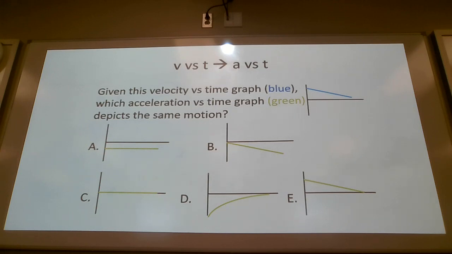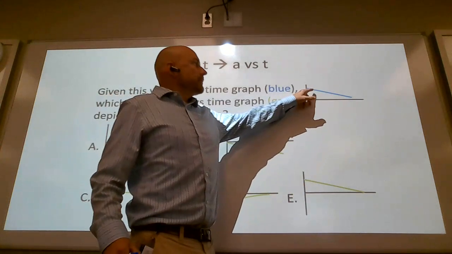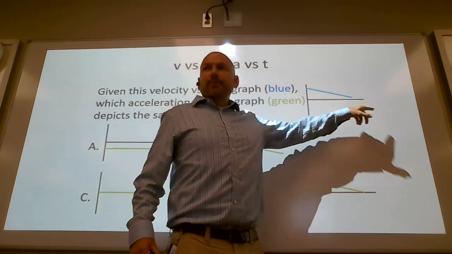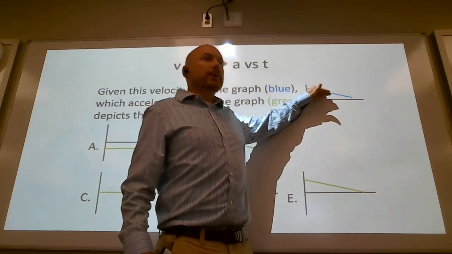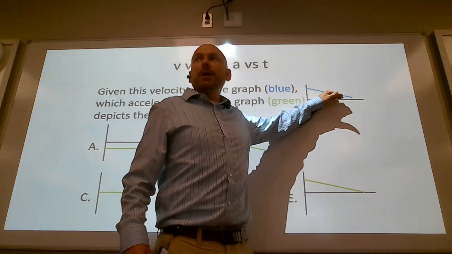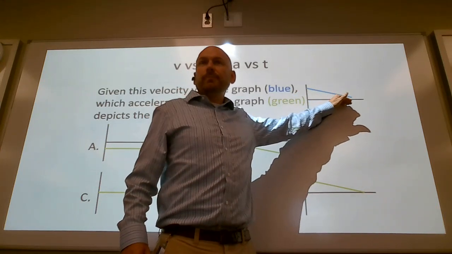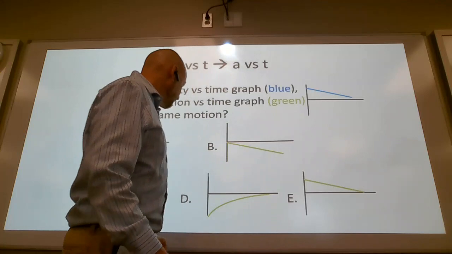Correct answer is A. How would you be moving to make this graph? Slowing down, going in the positive direction.